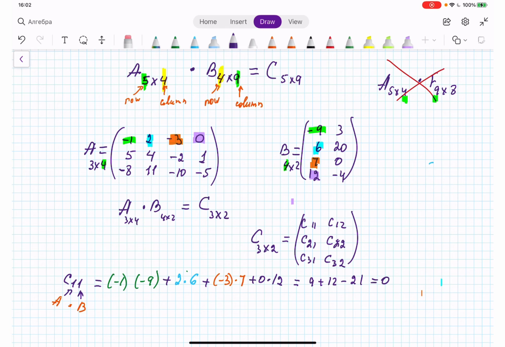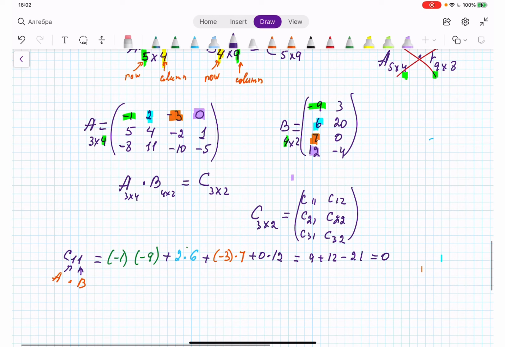So we have C11. Now we are finding C12. Again, we are taking the first row from matrix A and multiplying now by the second column of matrix B. So in C11 we multiply by the first column, in C12 by the second column.